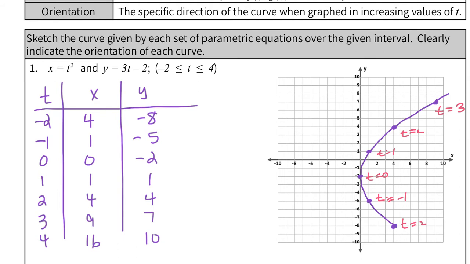So the way we do that is by arrows. So on the very end, that's kind of an obvious arrow. We know it's pointing that direction. But on this other side, that does not mean that we're going to put our arrow going that way because that would be a totally different direction. All the arrows have to be pointing the same. So what you do is you go along your curve and you just make arrows.